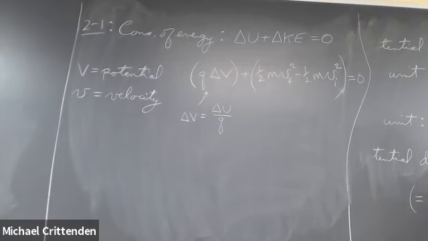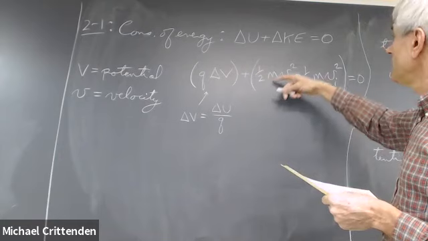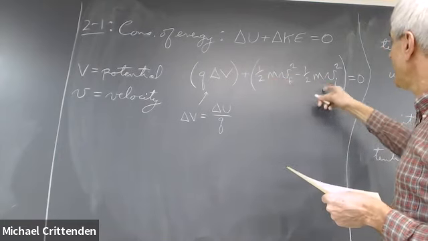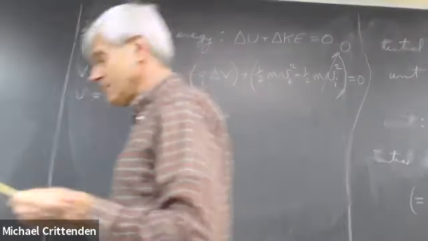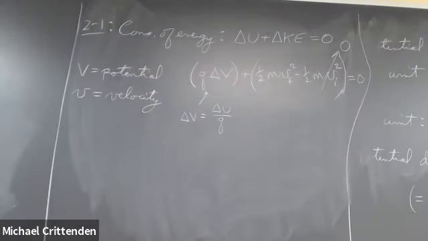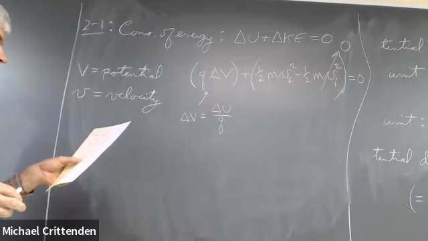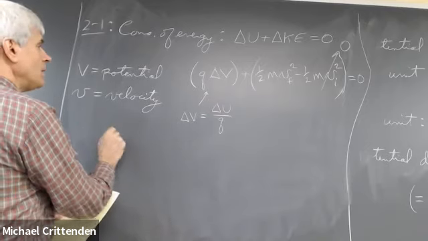From last fall, it's 1/2 mv squared. So the change in that, final minus initial, and actually it started at rest. So the initial kinetic energy is 0. Fill in the other numbers, solve for the final velocity.